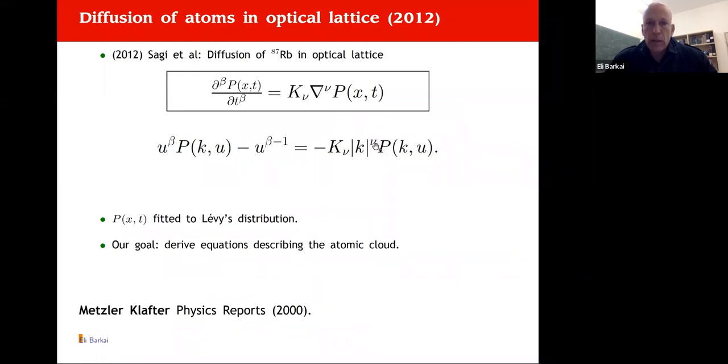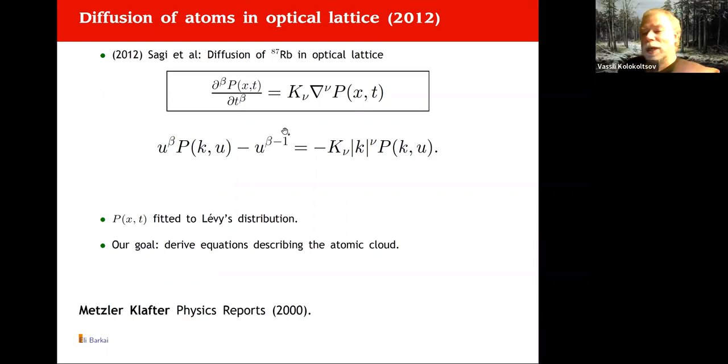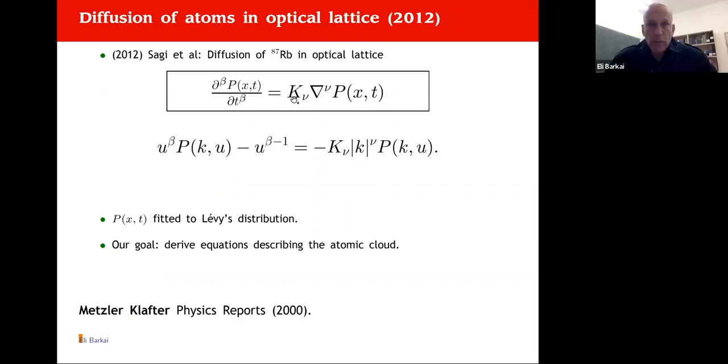So this is the absolute value of k to the power nu. And this is a constant which describes the spreading of the particles. And we want to find this spreading. This is like the diffusion constant, if you want. But there's no diffusion here because the diffusion is anomalous. Yeah, but I mean, there is no summation in nu? No, there's no summation. Simply the diffusion constant will depend on this index. Okay. There's no summation. Thank you.